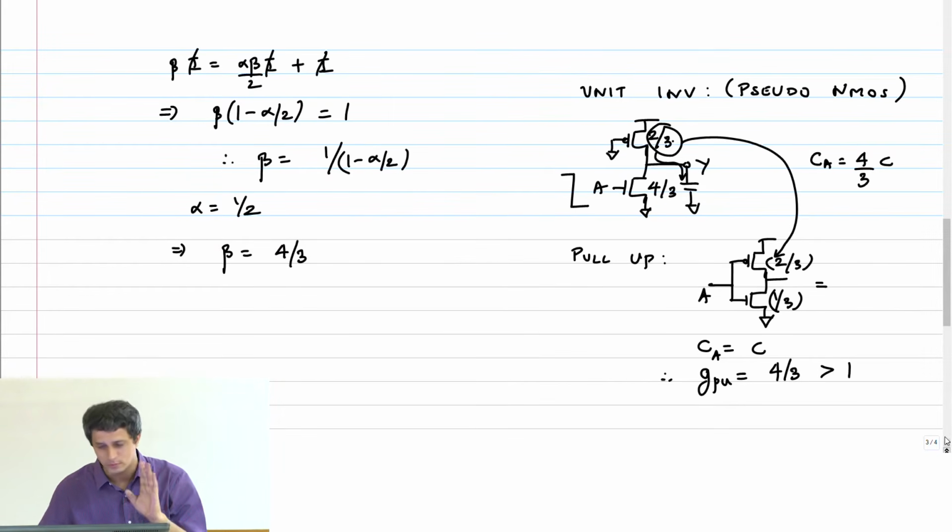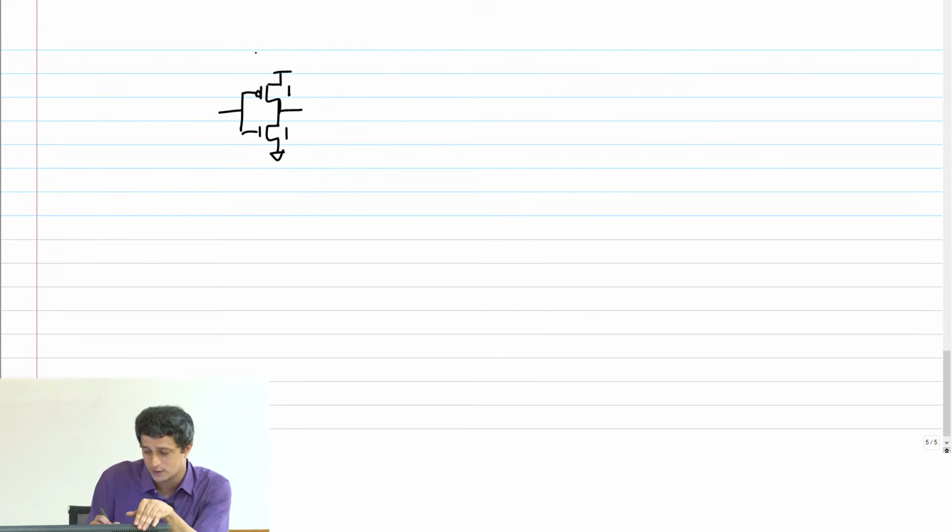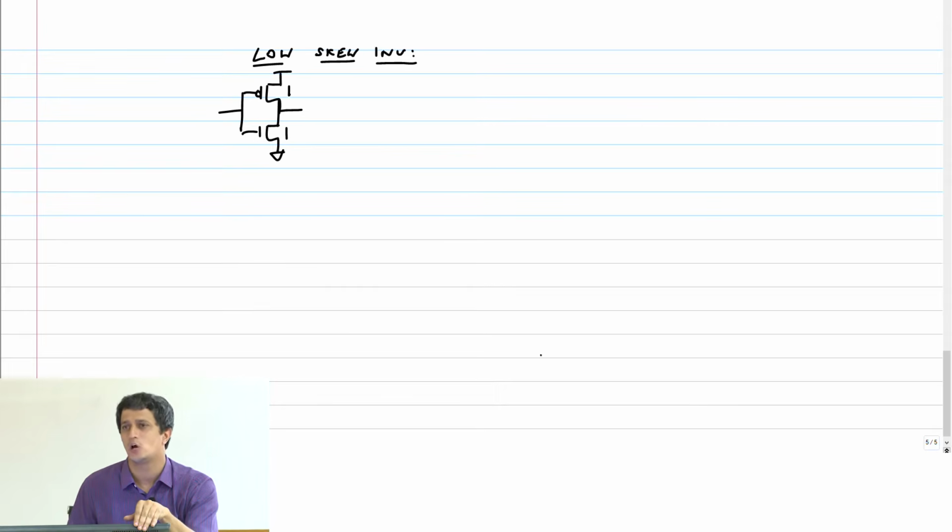Just to make sure that we have been consistently doing all our things correctly, let me go back and take a low skew inverter. This is 1 and this is 1. This is a low skew inverter. So in order to find the logical effort, what did we do?